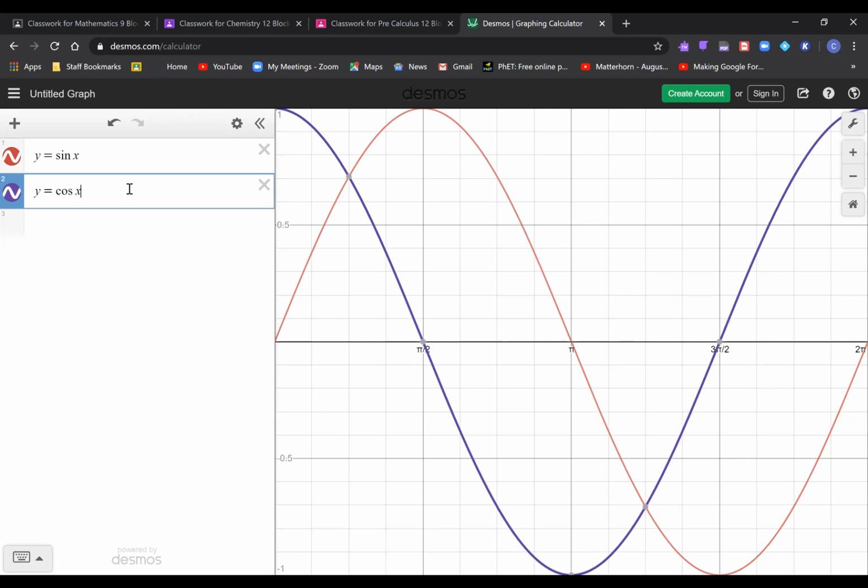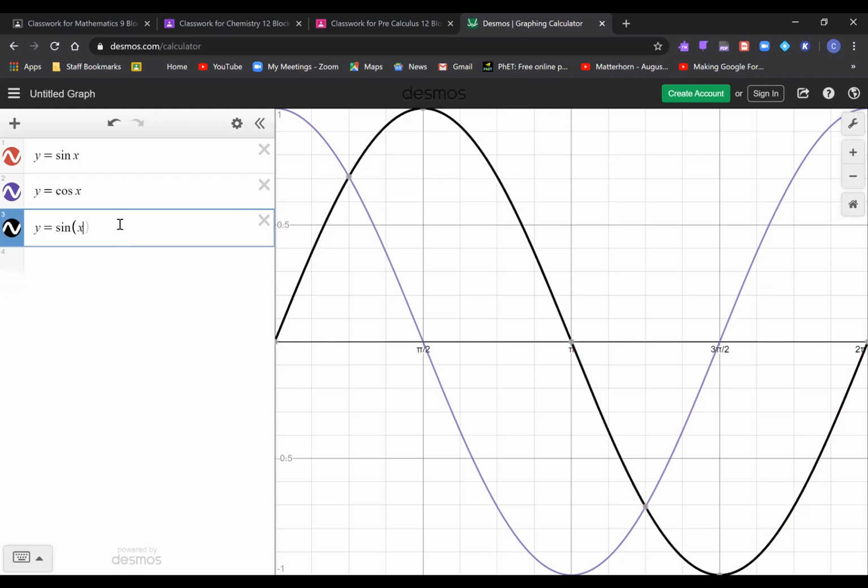In fact, let's do that to show you that. I'm going to kind of jump ahead in the lesson here, but if you took the red graph, the sine graph, let's do sine, and I'm going to put brackets here, and you're going to move the red graph to the left, then you would want to do something to the x values. So what I'm going to do is move all of these values left by pi over 2, because you can see that the high part is at pi over 2.